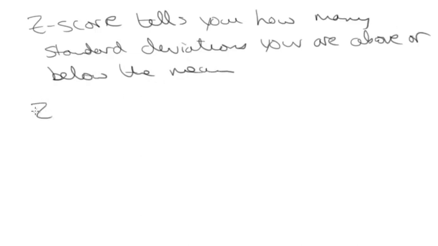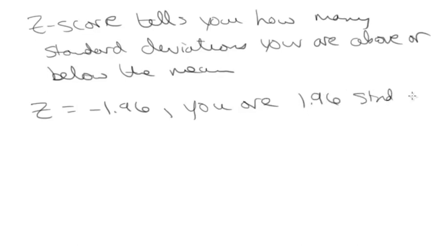So if the z-score is negative 1.96, you are not 2 standard deviations below the mean, you are 1.96 standard deviations below the mean.